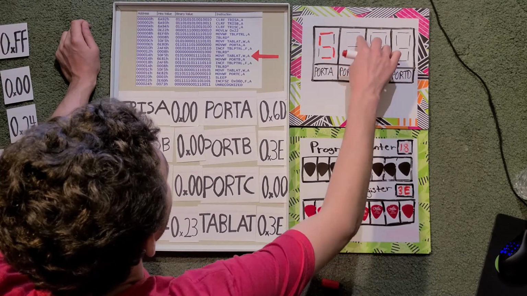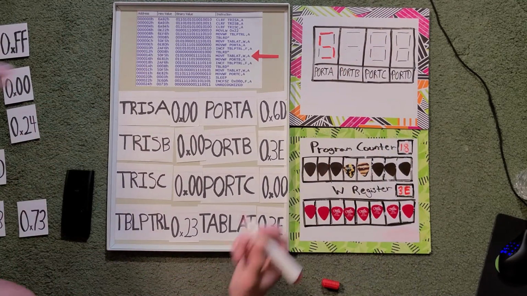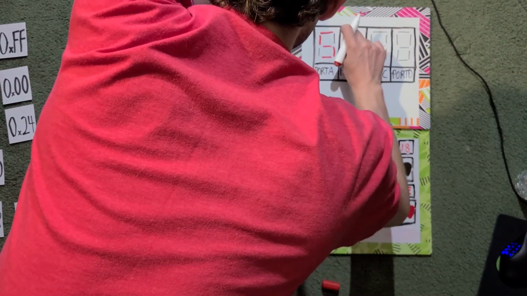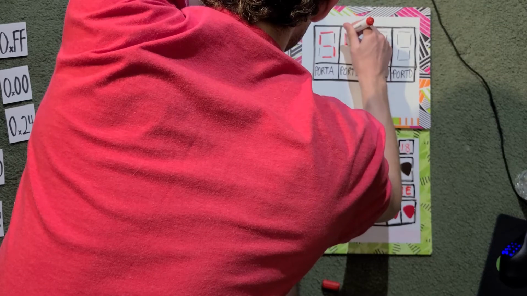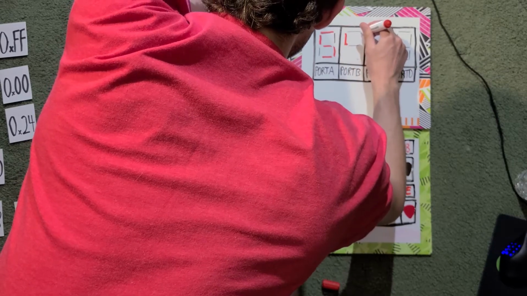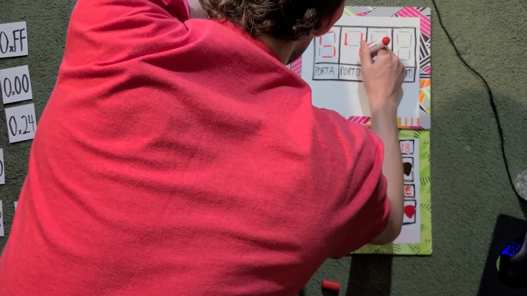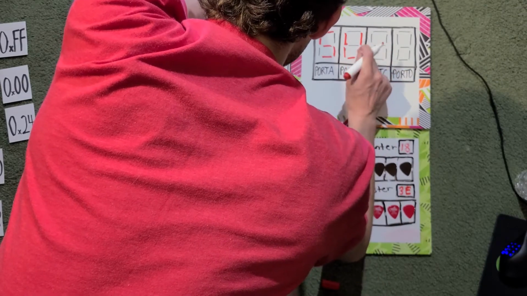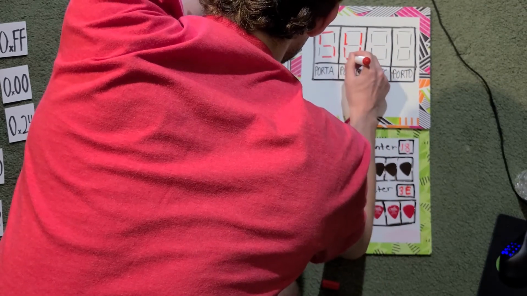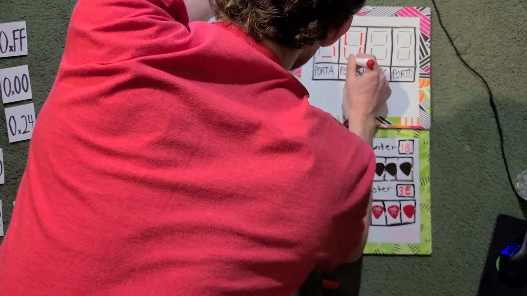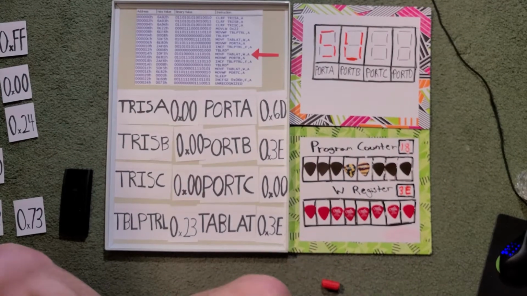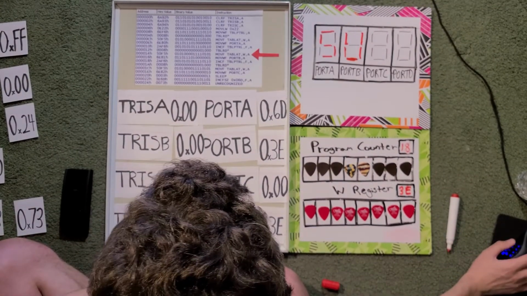Port B. There you can see it says SU. Next step.